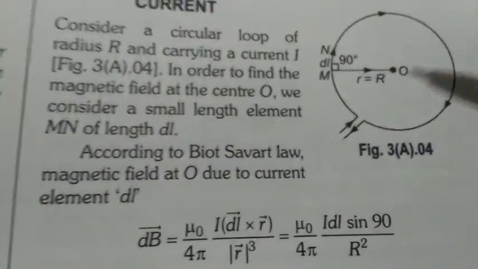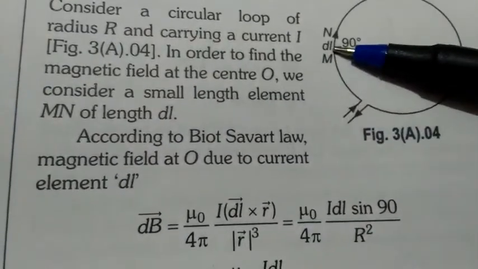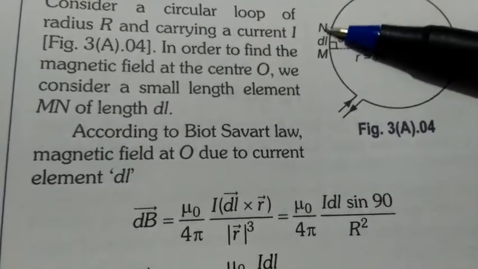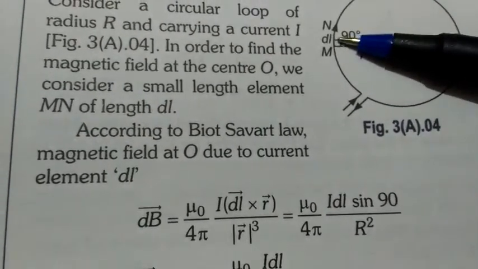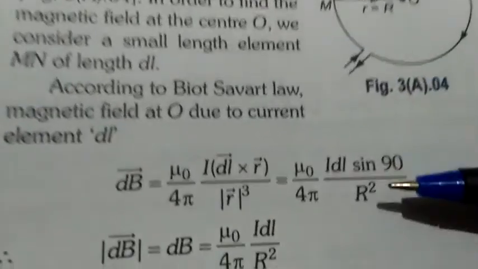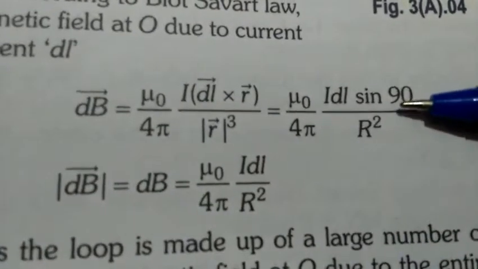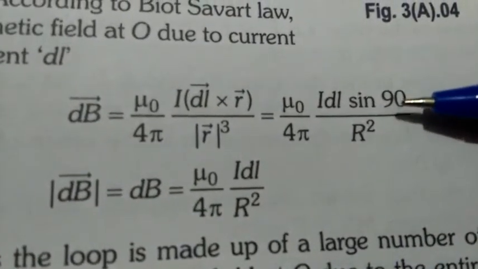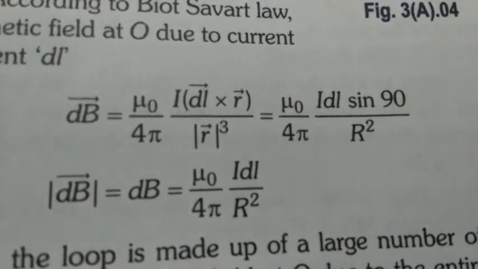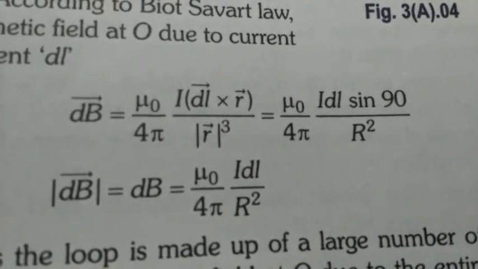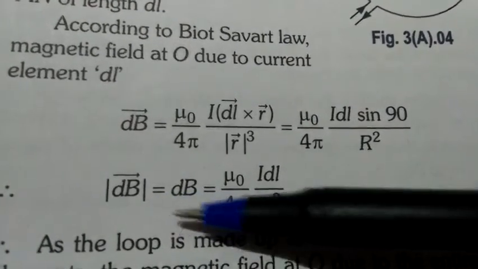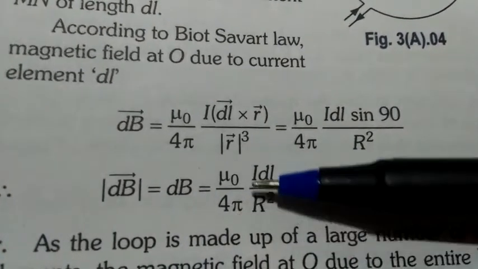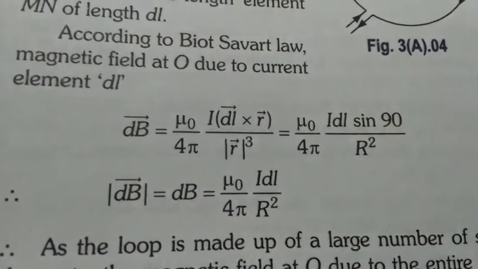Now here in the diagram you can see this is the direction of current, this is the direction of the distance vector, and the angle between them is 90 degree. So here in place of theta we will put 90 degree, and the value of sine 90 is 1. So we have dB equals mu naught upon 4 pi, I dl upon r square.